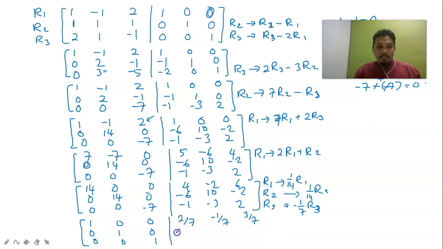And here negative 3 over 7, 5 over 7, and also negative 1 over 7. And here is 1 over 7, 3 over 7, and also negative 2 divided by 7.